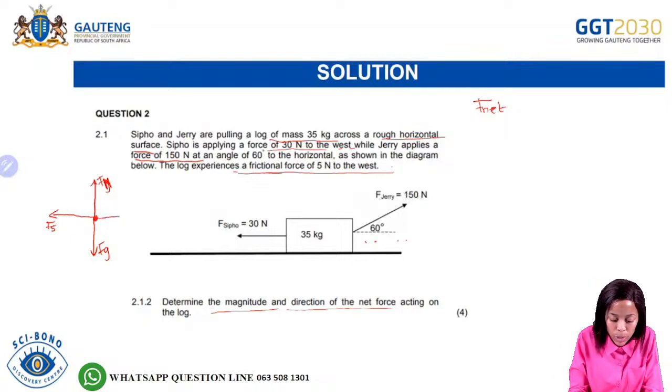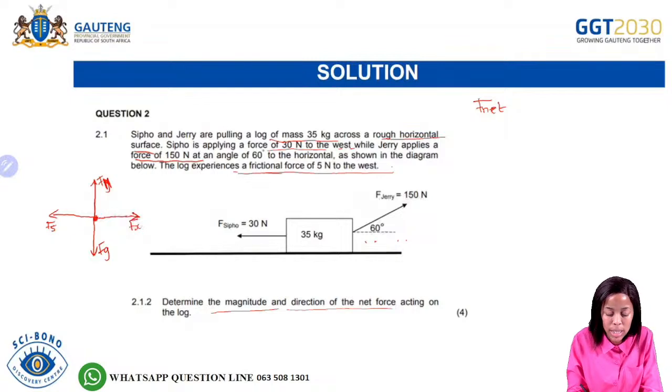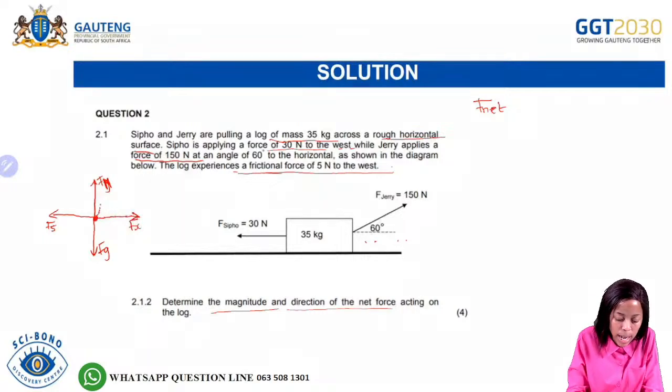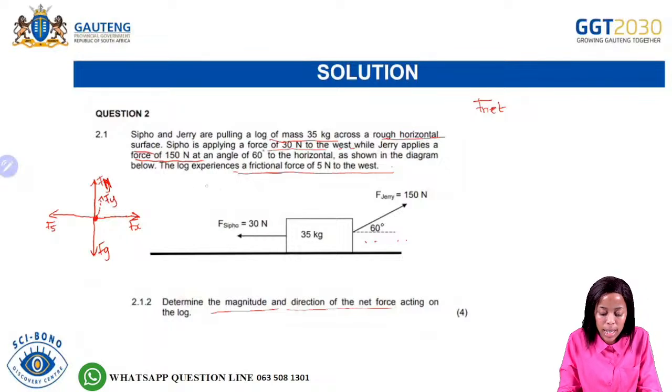The force of Jerry is going to the right hand side. So remember, you can represent this using the components. So using the components, it will then be Fx, and then going up we'll have Fy.